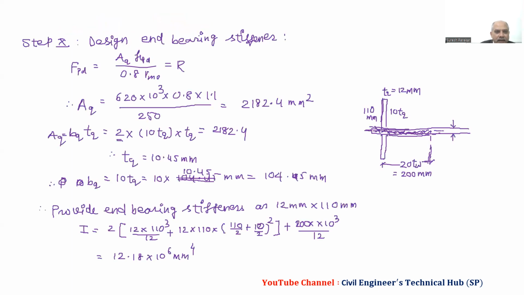Now knowing value of I, we can find value of R. So we have value of R equal to under root of I by A. And I we have 12.18 into 10 raised to 6, and A we have 4640. We have already calculated A value. No, we have not calculated A. So I will calculate A over here. A is the total area, these two stiffeners and this web.